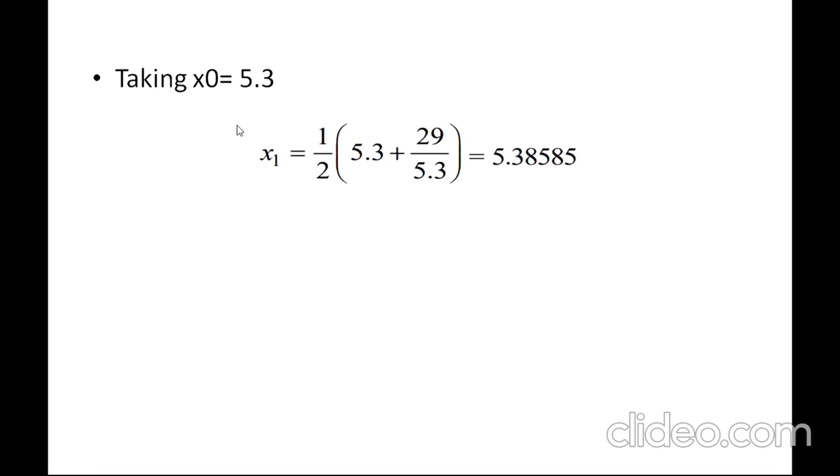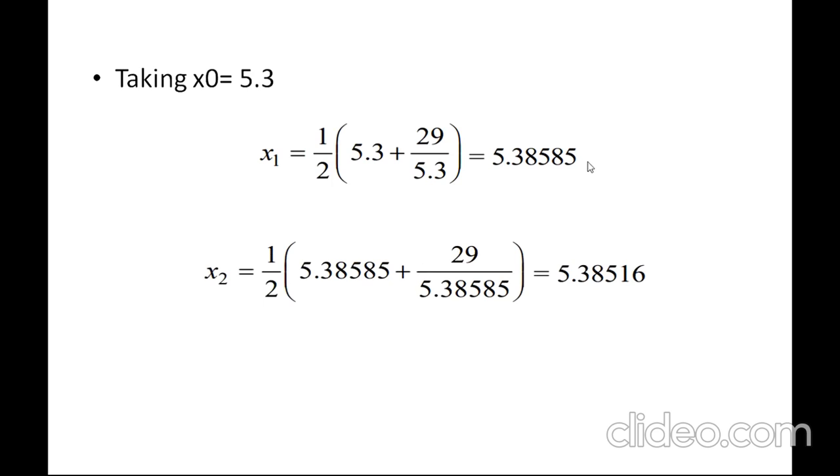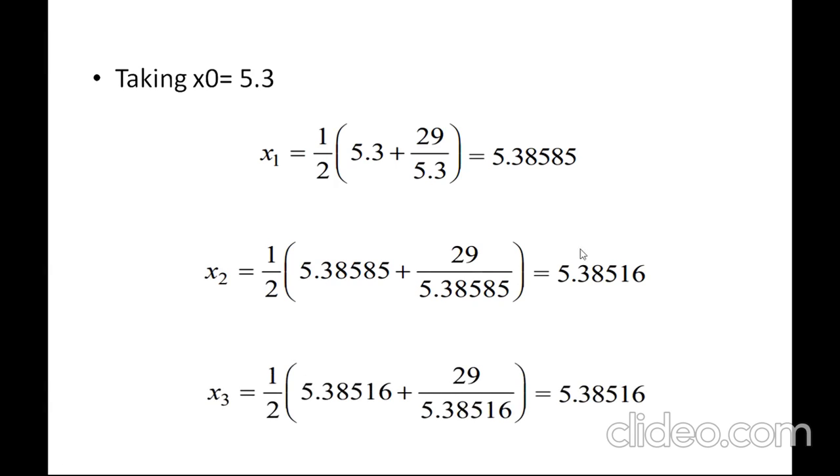So x1 is equal to 1 by 2 into (5.3 plus 29 upon 5.3), which gives us the answer 5.38585. For the x2, replace x1. So x2 is 1 by 2 into (5.38585 plus 29 upon 5.38585), which gives me the answer as 5.38516. For x3, replace the value of x2.